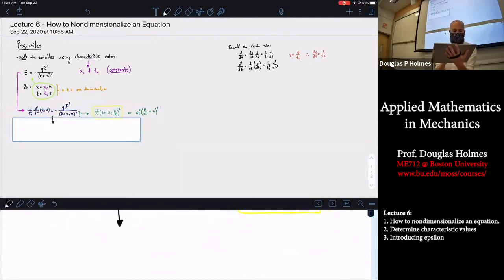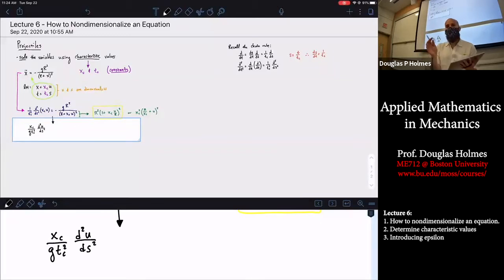Remember, our goal here is to create dimensionless groups. So I'm going to have xc in the numerator. I pulled that out of the derivative. Divided by g, I moved it over from the right-hand side of the equation. Tc squared times my second derivative of u with respect to s. You could write this as u double dot.